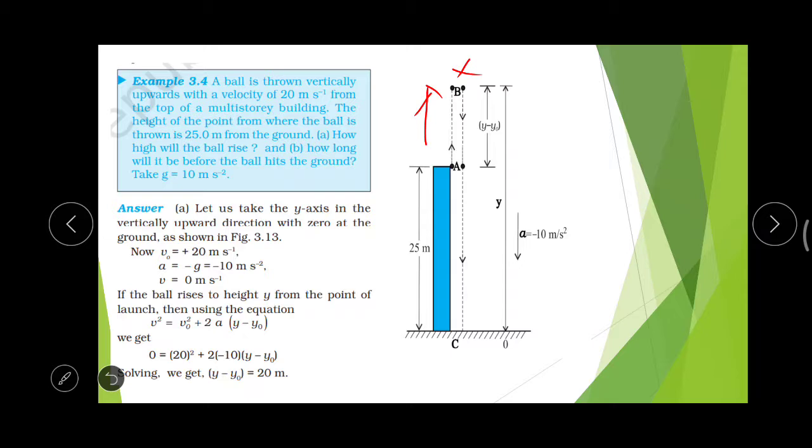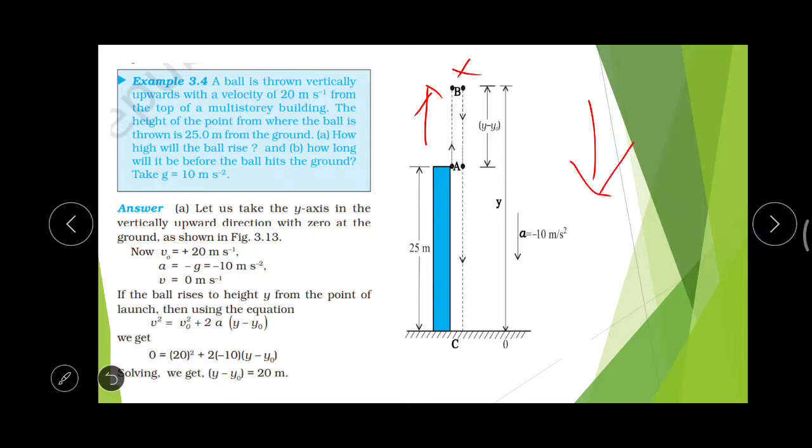So just consider, first of all, the motion between A and B. That means the upward motion. The initial velocity v0 is 20 meters per second, and the acceleration is minus g, the gravitational acceleration. Gravitational acceleration is acting downwards.